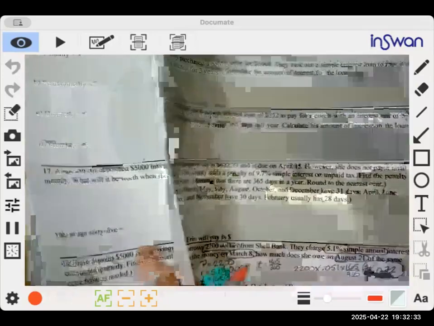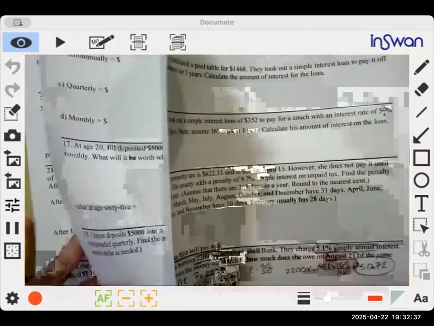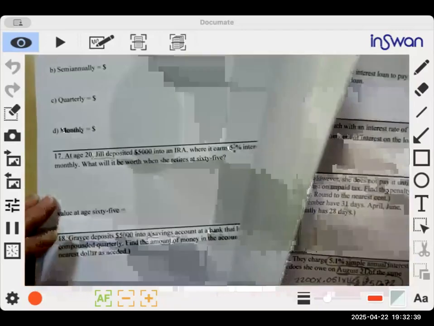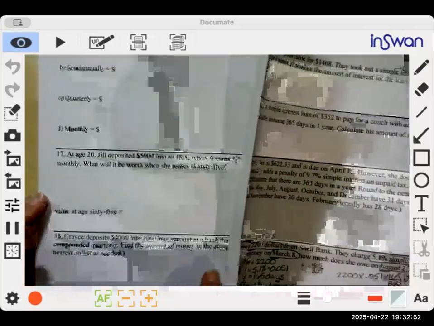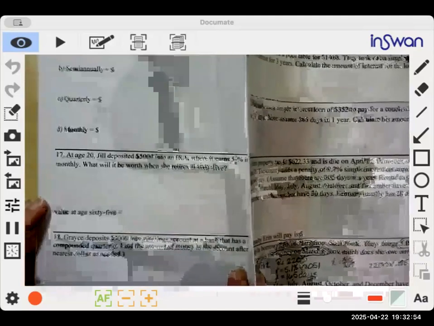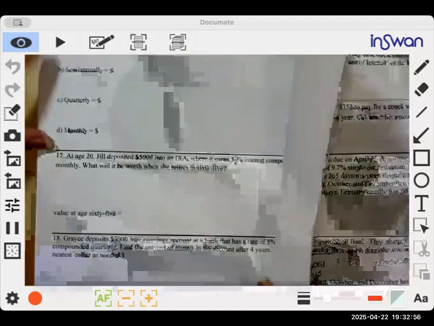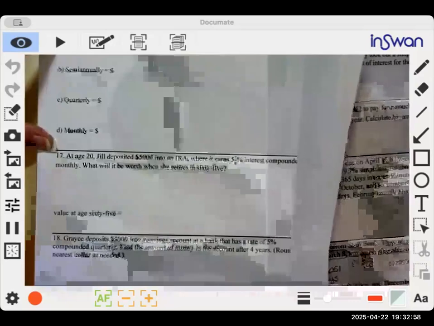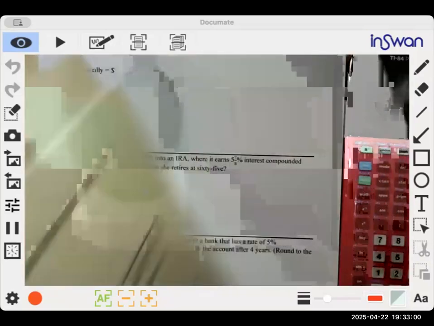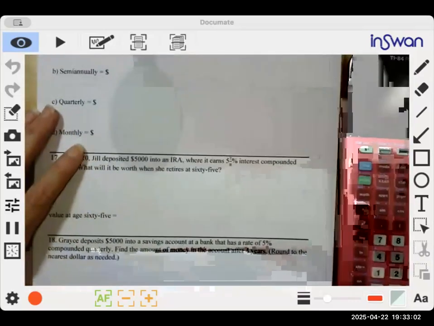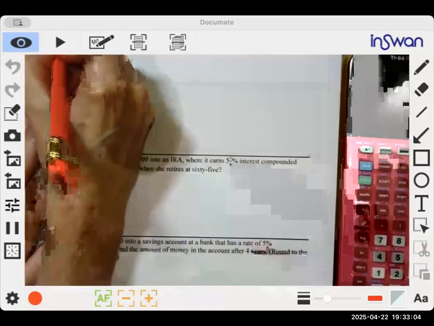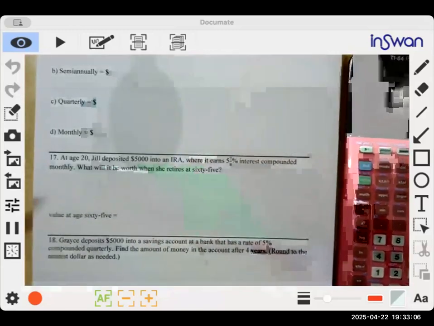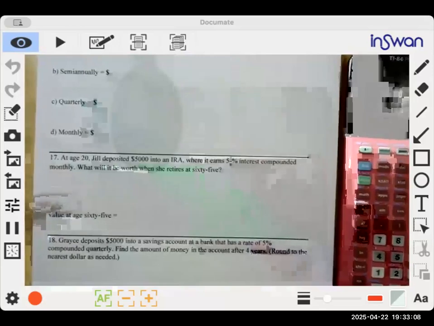Is there a number 16? I'm sorry, I don't know which question is 16. That one where it says semi-annually, quarterly, and monthly. Oh, it's right there. It's tiny. All the other numbers are large for me with my old people eyes.